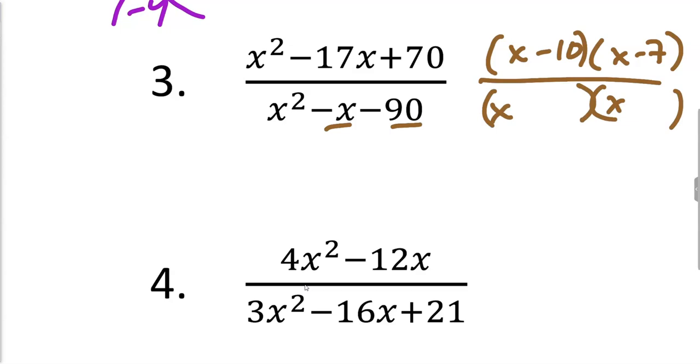If it subtracts to make 1, it's going to be two numbers right next to each other. 9 and 10.